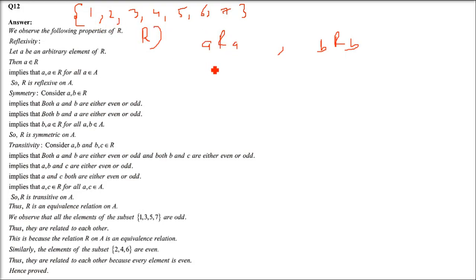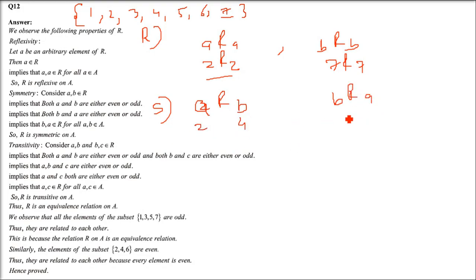So let us take A as even: 2 is related to 2, both are even. 7 is related to 7, (7, 7) is odd. So this is reflexive. Now symmetric: if 2 is related to 4, here I am taking 4 related to 2.